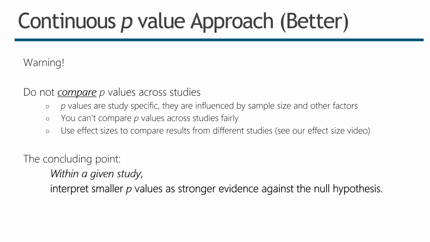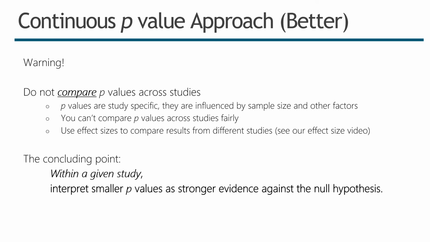The continuous p-value approach does represent p-values better than the dichotomous threshold approach. However, it does have some limitations. You need to recognize that you cannot compare p-values across studies. P-values are very specific to the study that generated them. They're influenced by sample size as well as other factors.